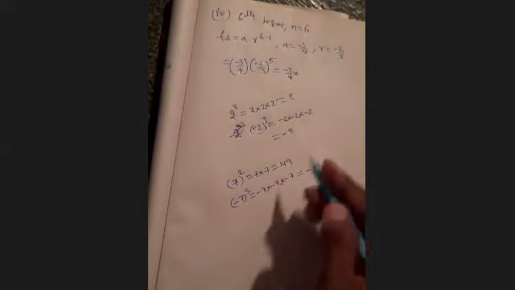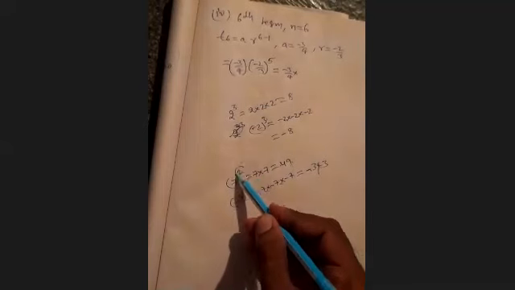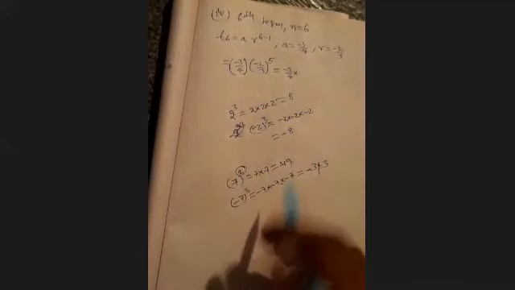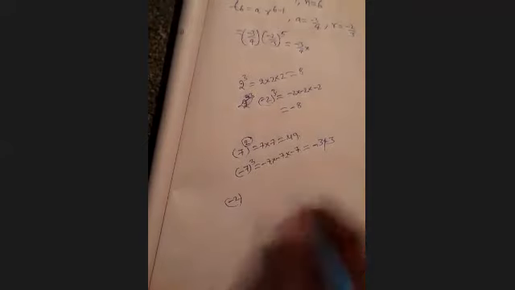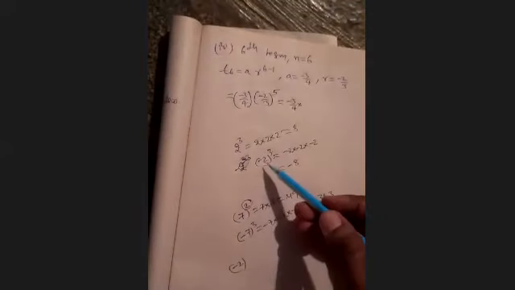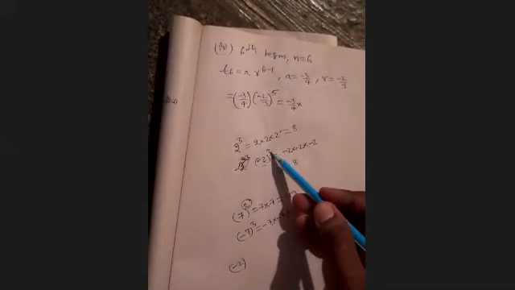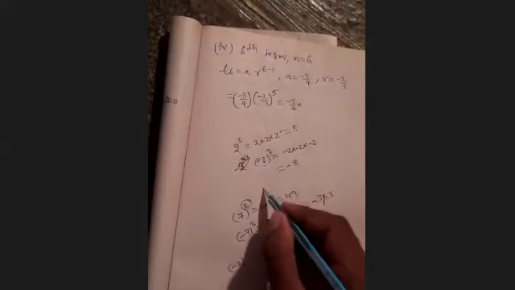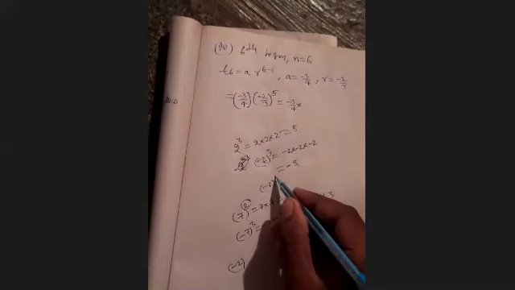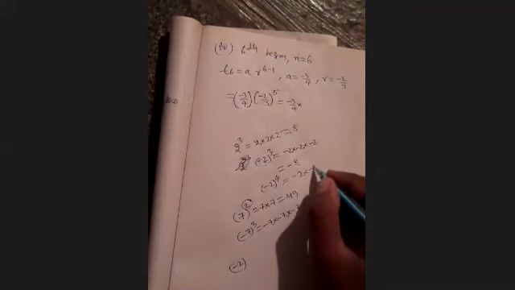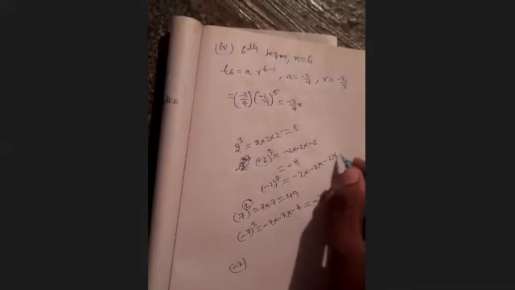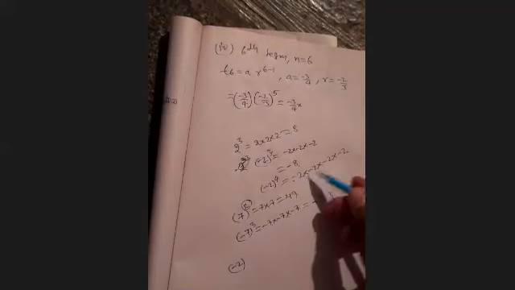So like this, see here what we learn: -2 power 3 is -8. Suppose -2 power 4 is equal to what? -2 into -2 into -2 into -2: minus into minus plus, plus into minus minus, minus into minus again plus.